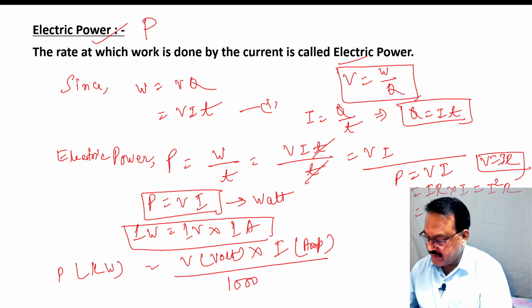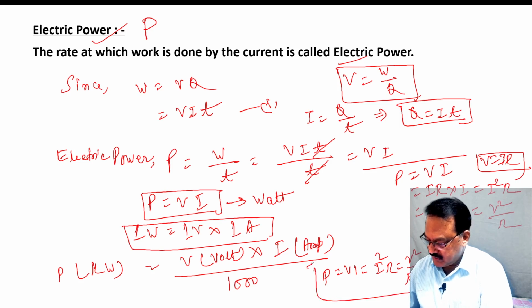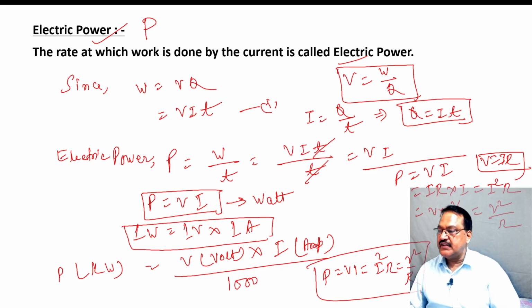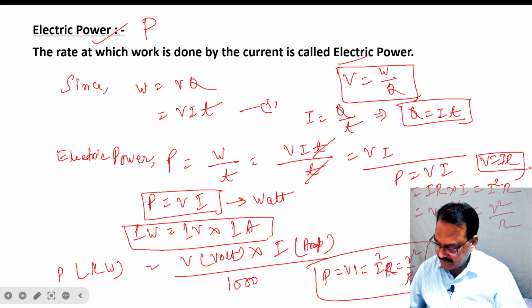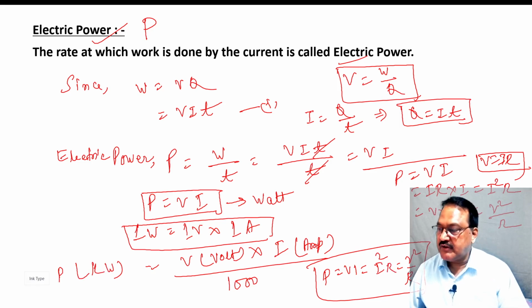So V into V by R, so V square by R. So P can be written as VI, I square R, or V square by R. We can relate all these things as per the requirement. So this was all about electric power.